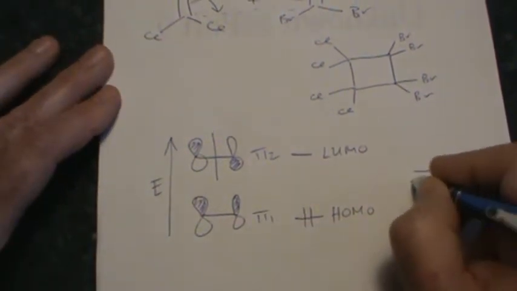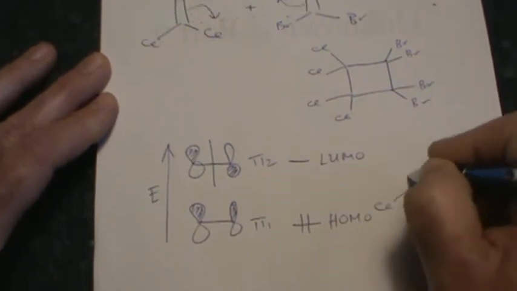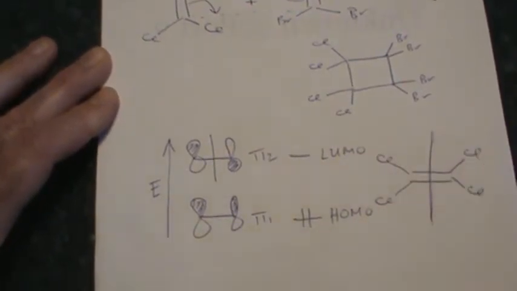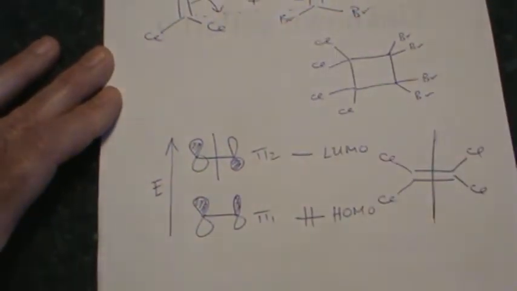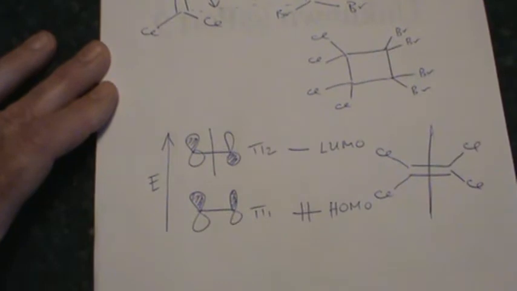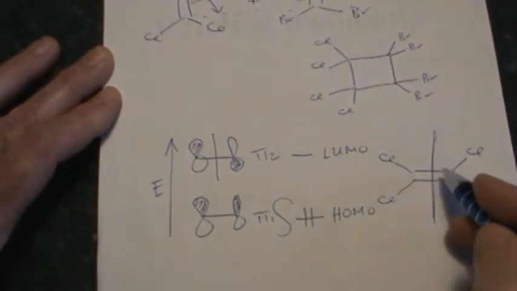And I think whether you look at either the first or the second, you can very easily see that there is a plane of symmetry in the middle of the molecule, and this particular pi molecular orbital, pi 1, is symmetric with respect to that plane of symmetry.